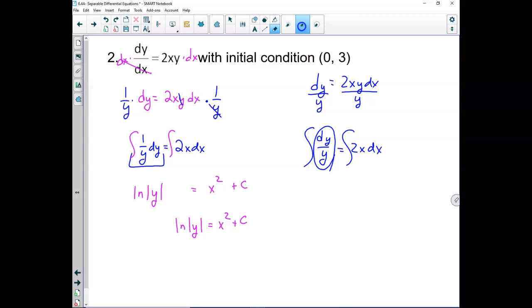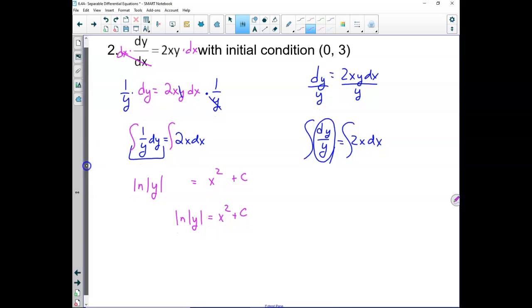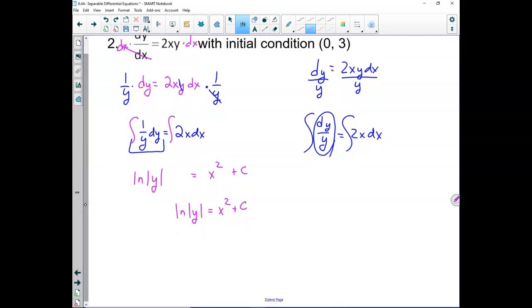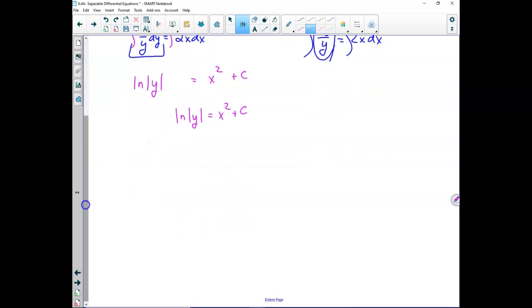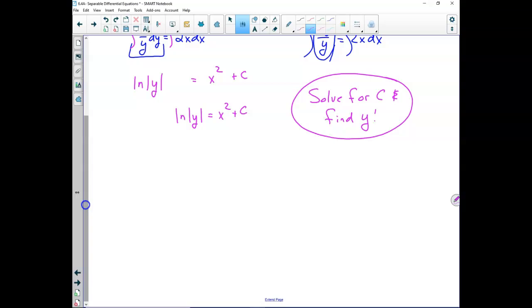And then, okay, well, you can solve for C, or solve for y, then find C, or solve for C and then find y. Well, which order should I do it in, Mr. Kruger? Yes, whatever order you want.